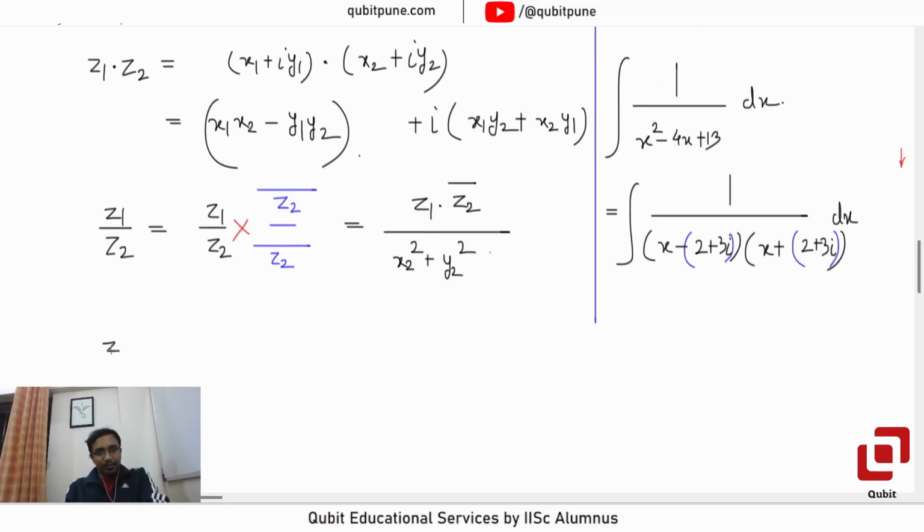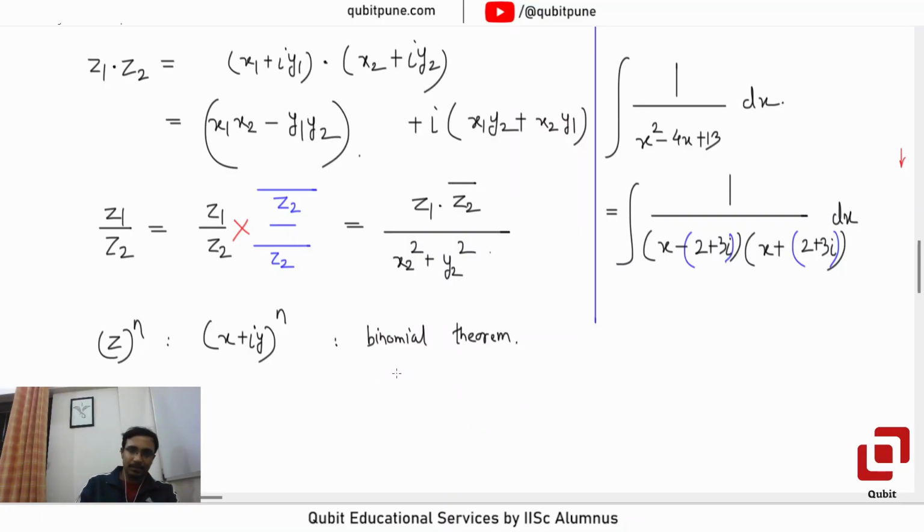Usually we do not discuss powers at this level, because we know that z raised to n can be easily found out if we know the exponential form. But you now realize that if I indeed want to expand x plus iy raised to n, I need to use the binomial theorem if n is a natural number or even a real number.